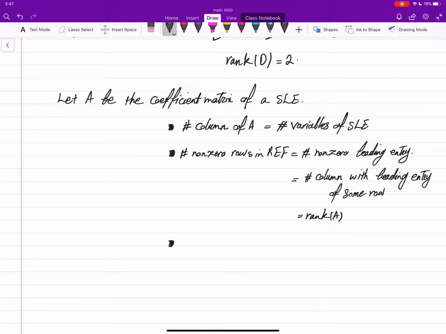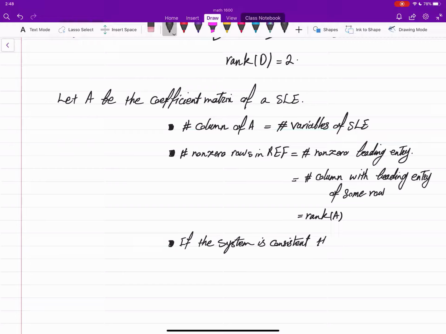Okay, now this last thing is where the proof of the rank theorem is going to be completed. Remember that when we solve a system, if the system is consistent, it means that we know there is at least one solution.